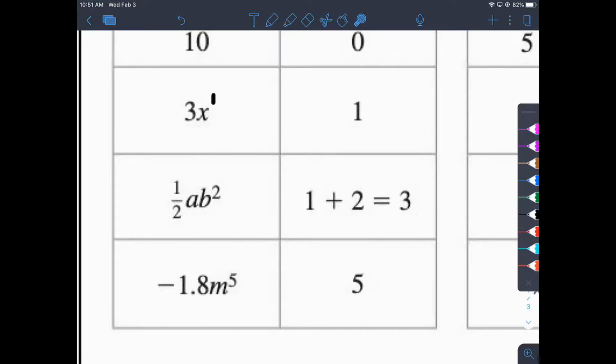Well, notice it does not have a number, so it's an automatic 1, which is why the total degree is the 1 plus the 2, because the a has a 1 and the b has a 2, so the total degree is a 3. Last but not least, we have another constant. We do have a variable, so that means we will get a degree other than 0. And in this case, the exponent is a 5, so the degree is 5.